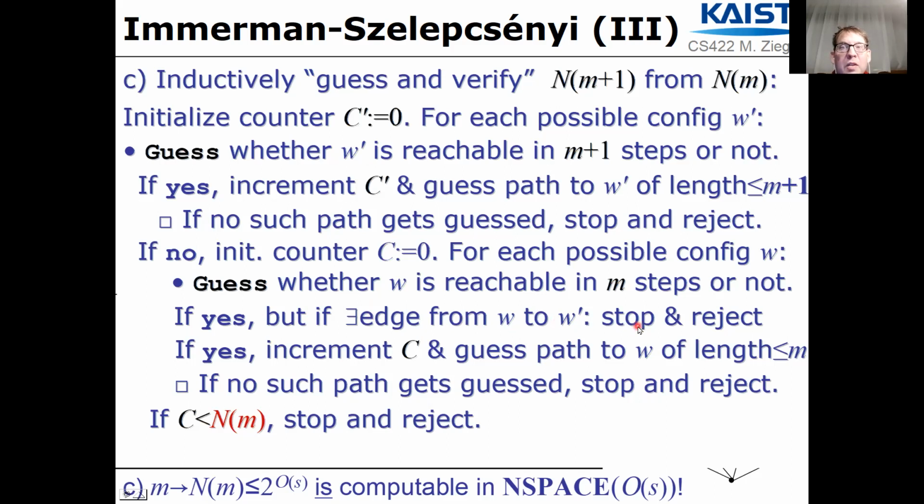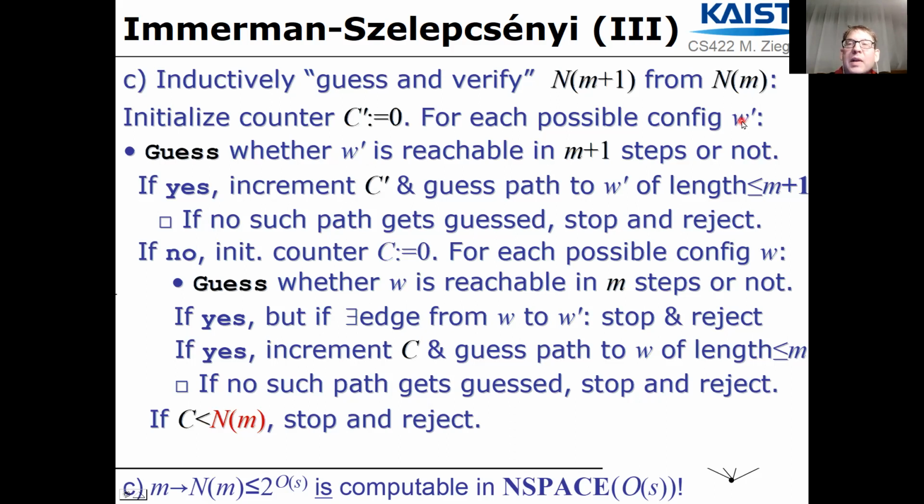So we've guessed correctly all vertices which are reachable within m steps once we get past that safety condition. And we've verified that the new vertex is not reachable. There's no edge, because otherwise we would have rejected here. So at the end of this inner loop, if we get past this condition, it means that we have correctly verified that the vertex W prime is not reachable.